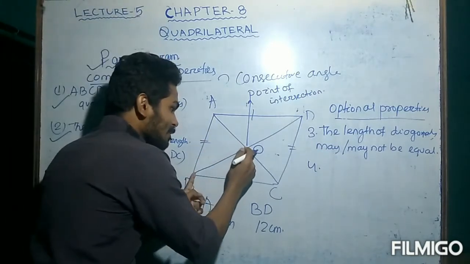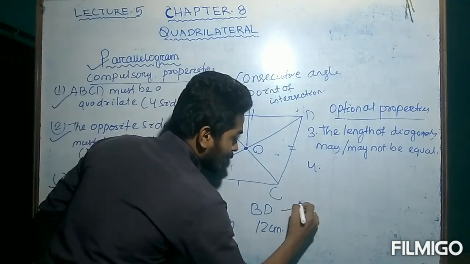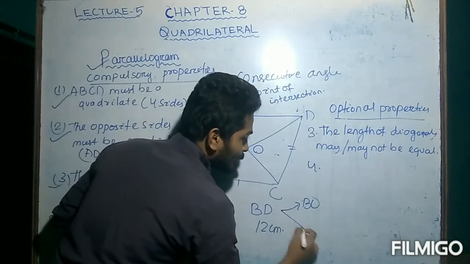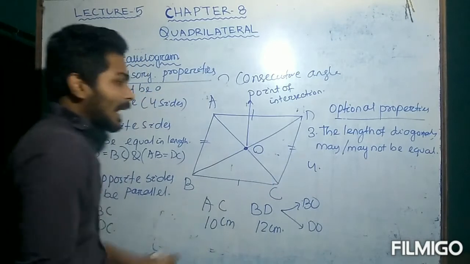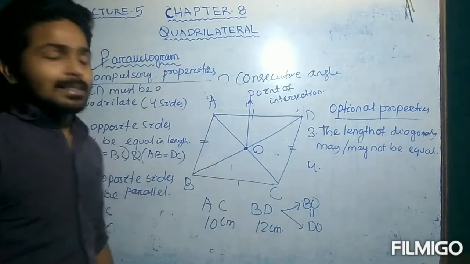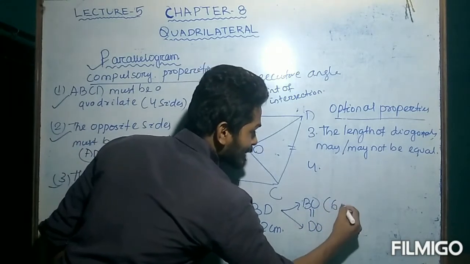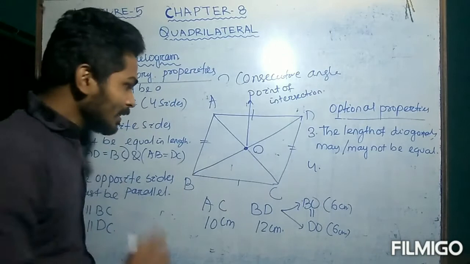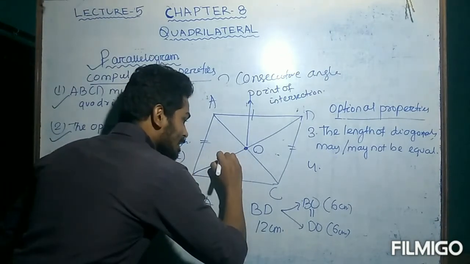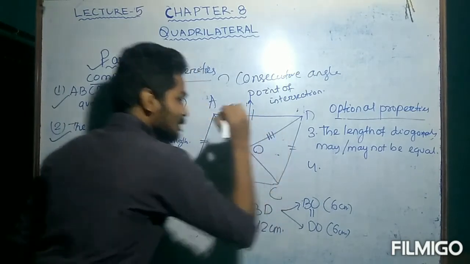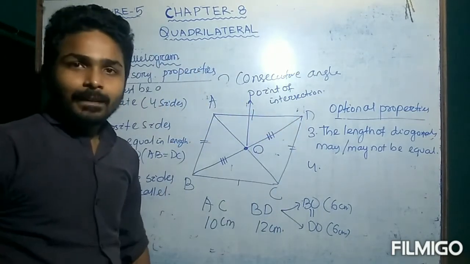This is the first half, BO, and this is the second half, DO. And these two halves are equal. So each half will be how much? 6 centimeters and 6 centimeters. Understood? So we can write symbolically, BO is equal to DO.